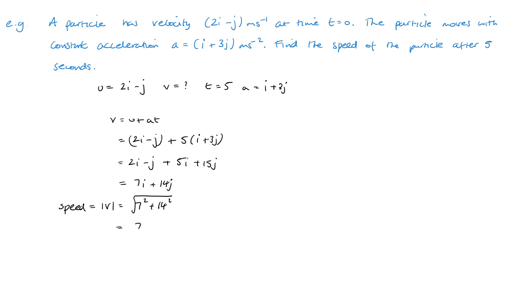And that is 7 root 5 or 15.7 meters per second. And that's the 3 significant figures. Okay, so you know, the Suvat equations, they still work even when you're dealing in vectors. You still use them exactly the same way.